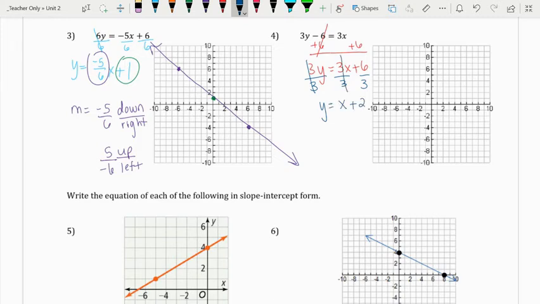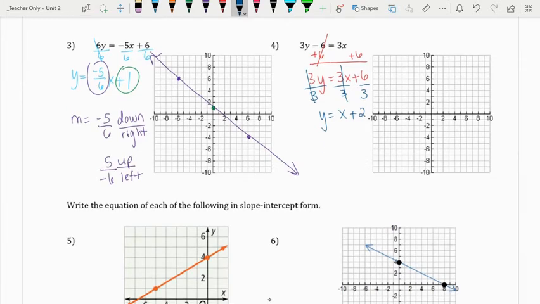Now notice how my x is first. It really doesn't matter whether you have y equals x plus 2 or y equals 2 plus x, right? You just have to be careful because that just means that your b value is first. This is just y equals b plus mx. It's the same thing, so don't let that confuse you.